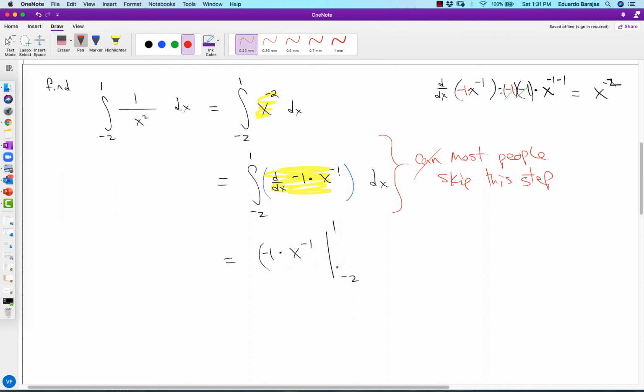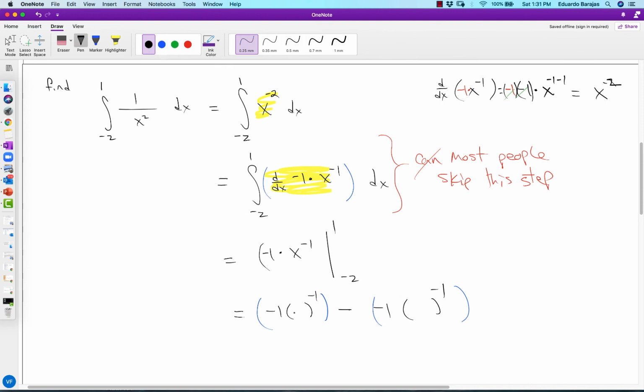Evaluate it from, in this order. Remember, the order makes a big difference. This notation means that we take our function, evaluate it at the top number, minus, and then our function at the bottom number. Now be careful with all these little minus signs. That's really the biggest issue people have with calculus: all these tiny little minus signs and negatives all over the place, and it's very easy to make a mistake.